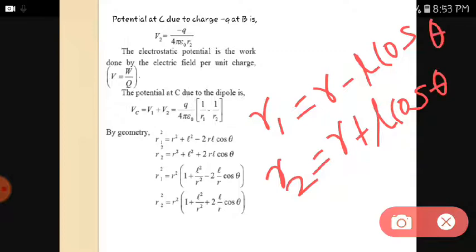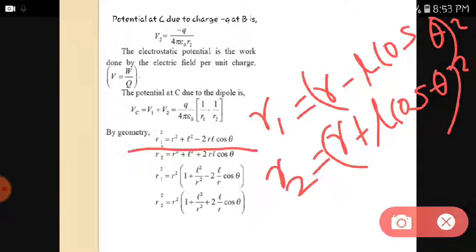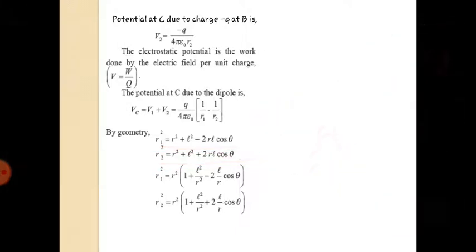Your theta is there. For R1, that means for A, it is minus, that we have seen, and for R2 it is plus. By squaring the terms, if I square this, what are you getting? R square plus L square cos square theta minus 2RL cos theta. And for the second one, R square plus L square cos square theta plus twice RL cos theta.